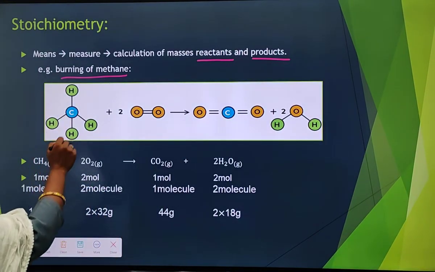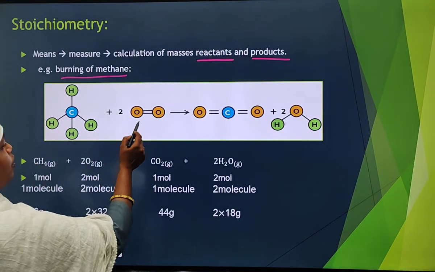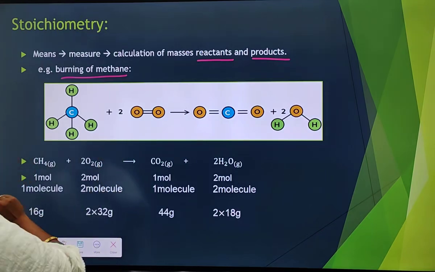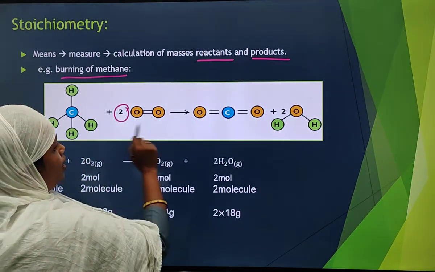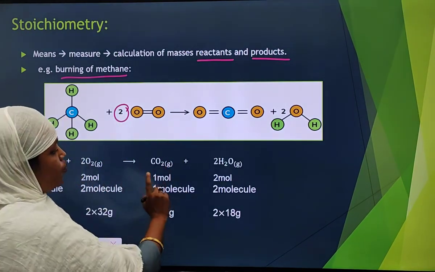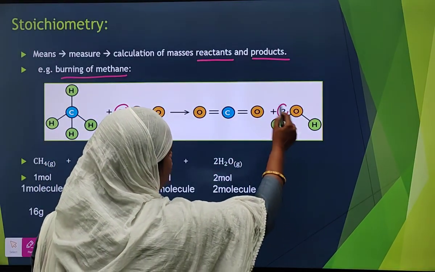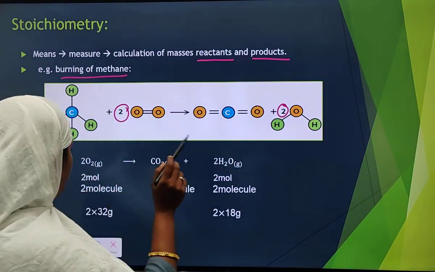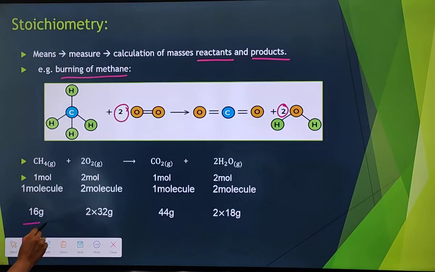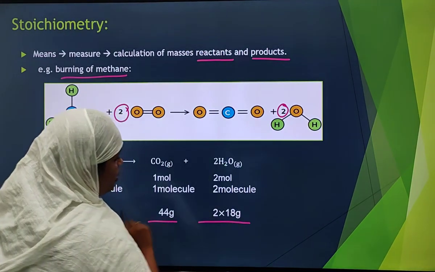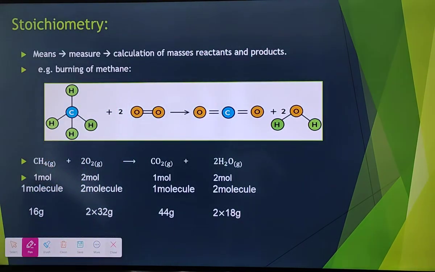So over here there is 1 molecule of methane present, and when you see oxygen, there are 2 molecules of oxygen present, and carbon dioxide, there is only 1 molecule of carbon dioxide present, and water, H2O, 2 molecules are present.